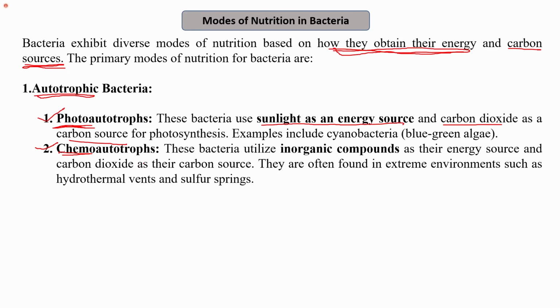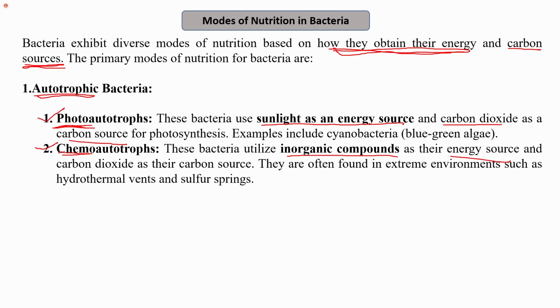Second is chemoautotrophs. These bacteria utilize inorganic compounds as their energy source. So as the name suggests, photoautotrophs, sunlight as an energy source; chemoautotrophs, inorganic compounds as their energy source, and carbon dioxide as their carbon source.